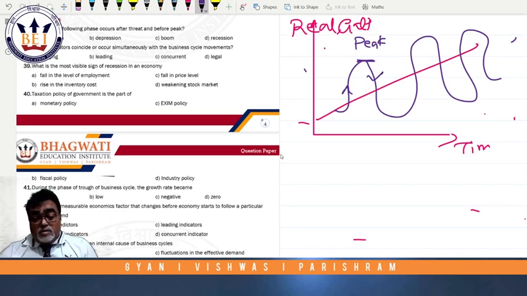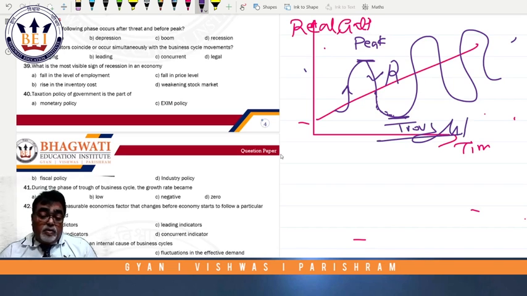After that, it is the downswing of the business cycle. We call it contraction, we call it recession. Ultimately, with more recession, depression, and the economy is lost, or just drought, or slump, or huge depression. Indian economy, for your knowledge, is in this stage now. Government is taking care, government is taking steps.